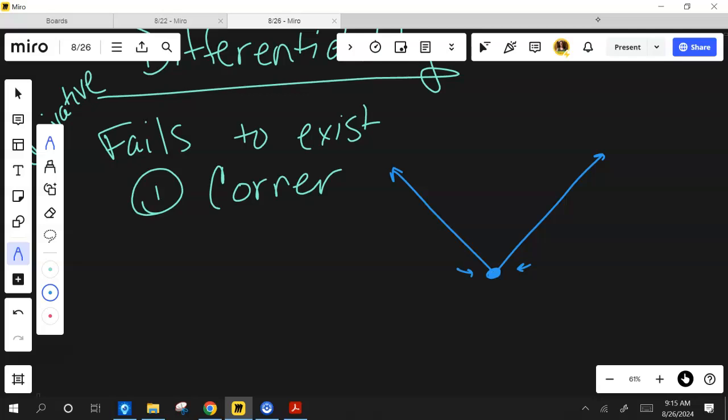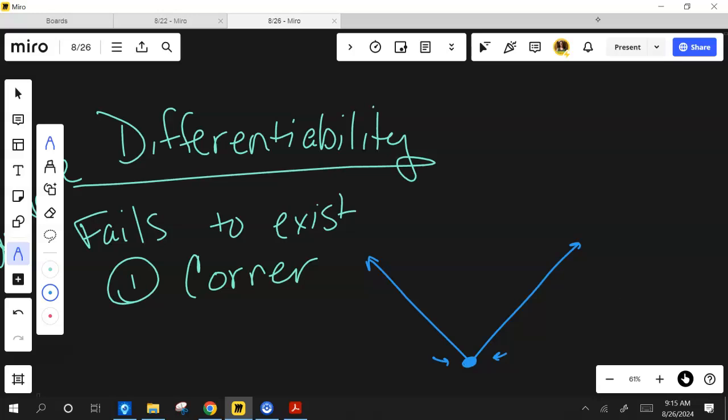So if I were to graph this derivative, this is negative and it's always the same slope, so it would be a line. It'd do something like this. That's what the graph of that derivative looks like. How do you know it? Because it is a corner.